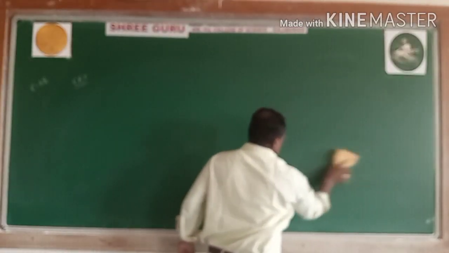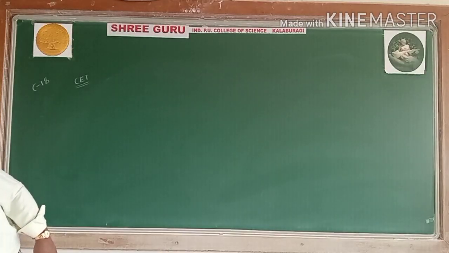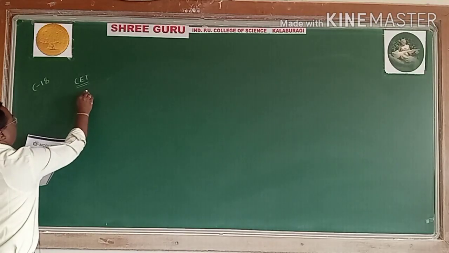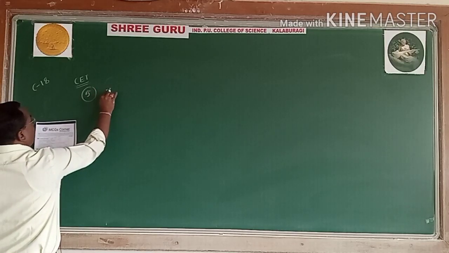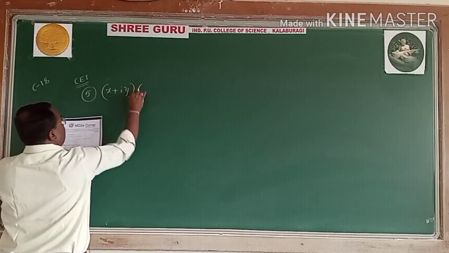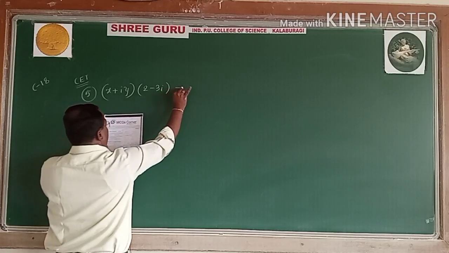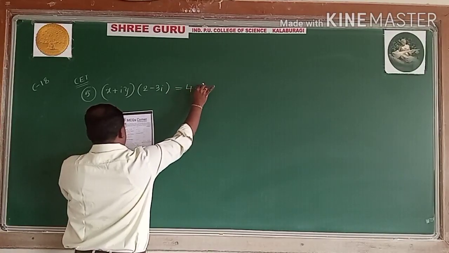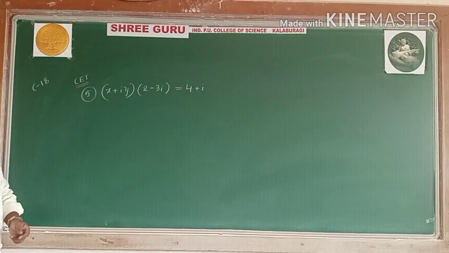Next, example number 5. (x plus iy) times (2 minus 3i) is equal to 4 plus i. Find the real and imaginary parts.